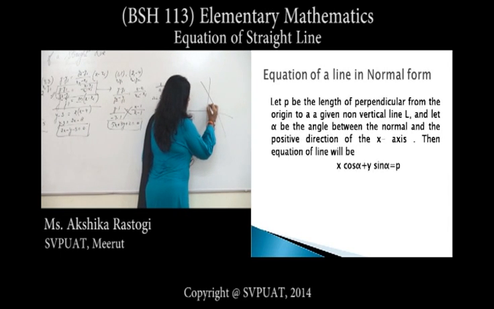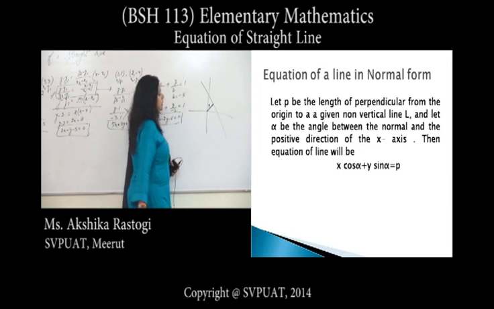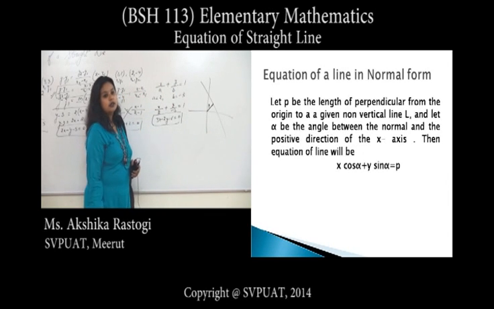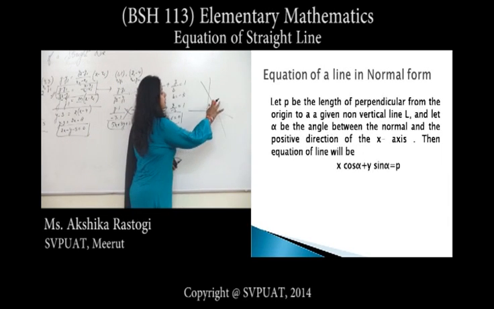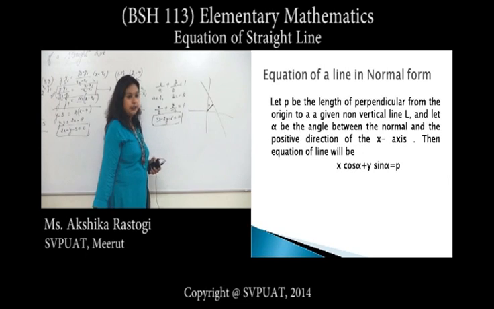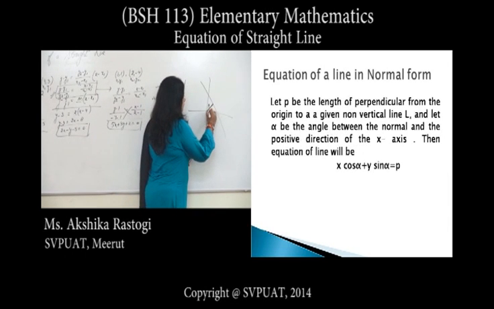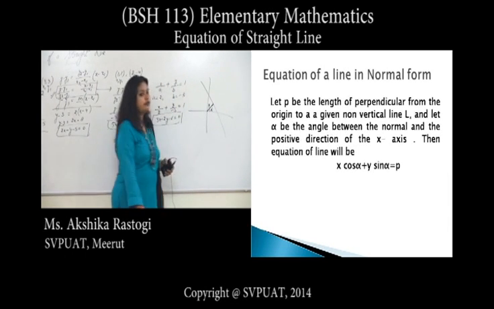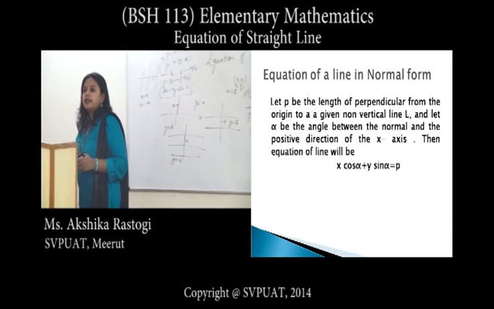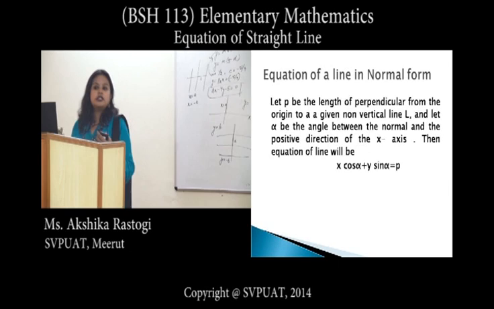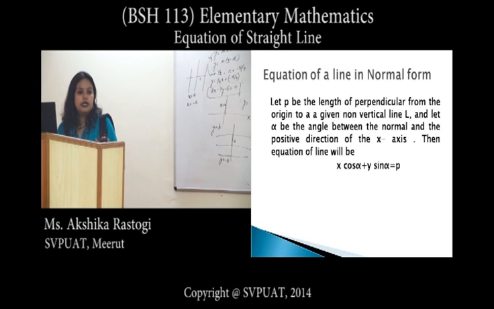This distance between the origin and the line, which is in the normal form, is given as P. And what else is given here? The value of alpha. What is alpha? Alpha is the angle inclined from the perpendicular, which starts from the origin to the line.